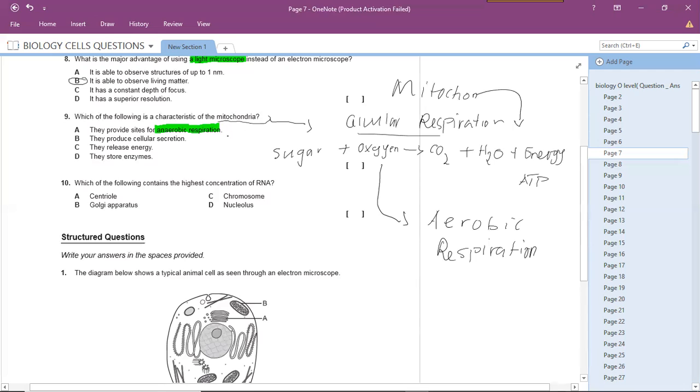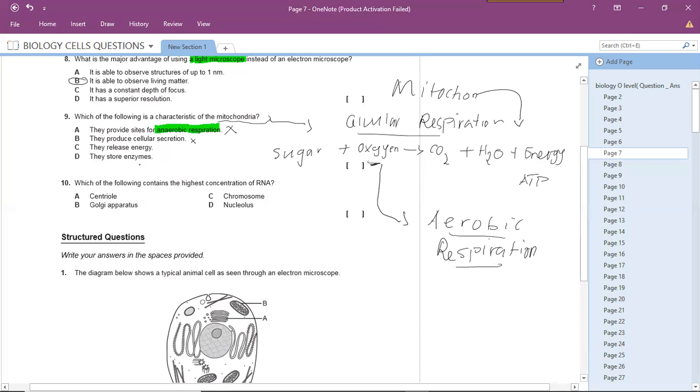Inside the mitochondria, we are using oxygen. It's not anaerobic. Anaerobic means the absence of oxygen. So this becomes wrong. They produce cellular secretions? They do not provide any type of cellular secretions. They are responsible for cellular respiration.